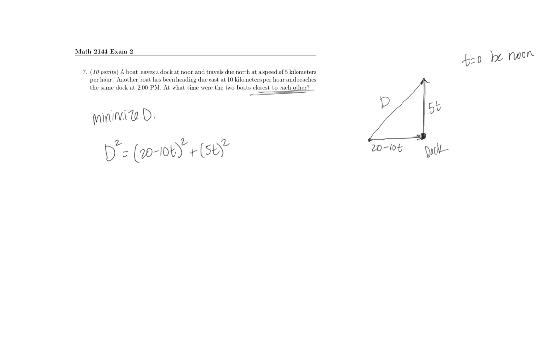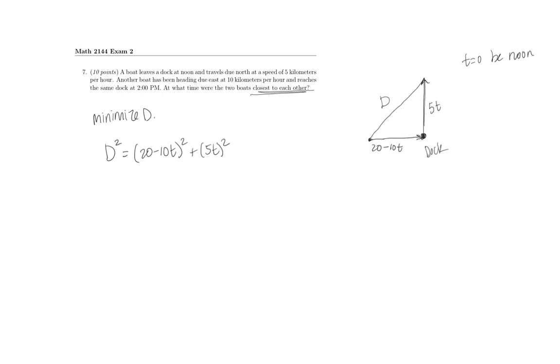And so if I take the derivative of that implicitly with respect to t, let's see here. So maybe I'll go ahead and square root that. So d equals the square root of all of that. Well, I don't know if it's easier to write it with the square root or not. Let's do it without the square root.